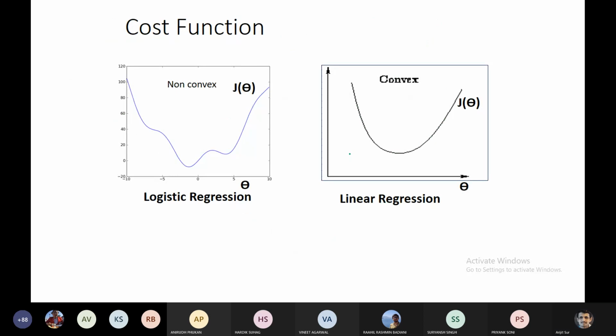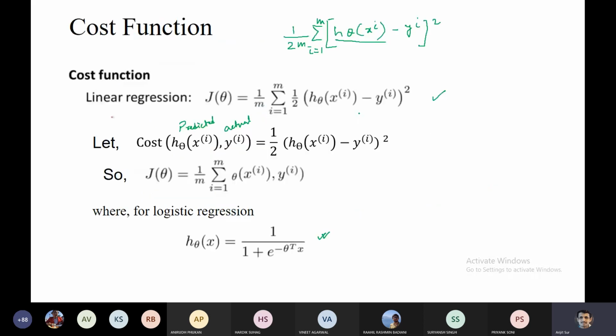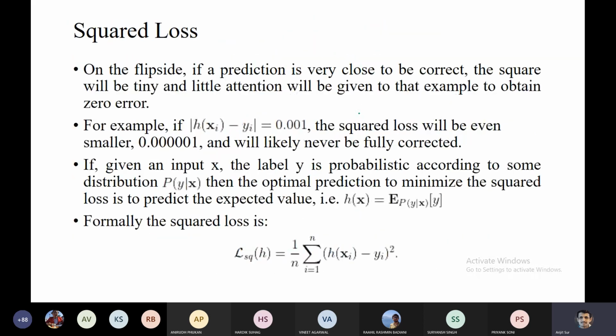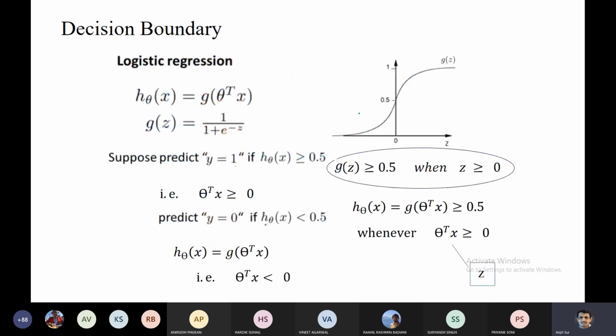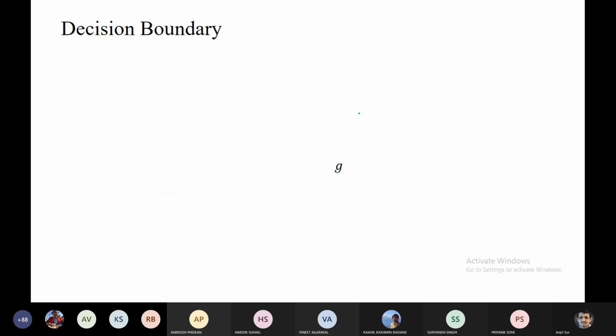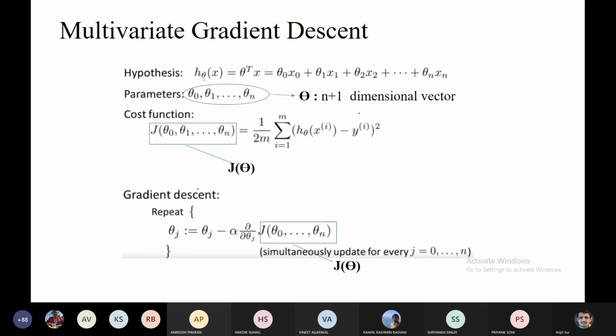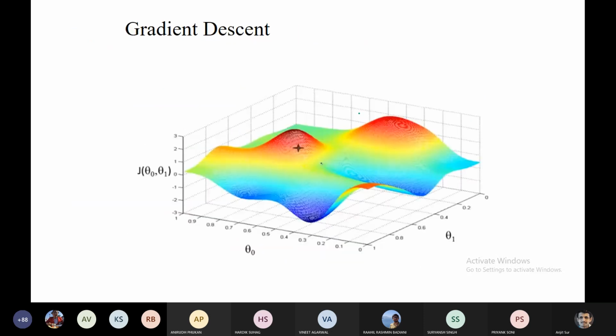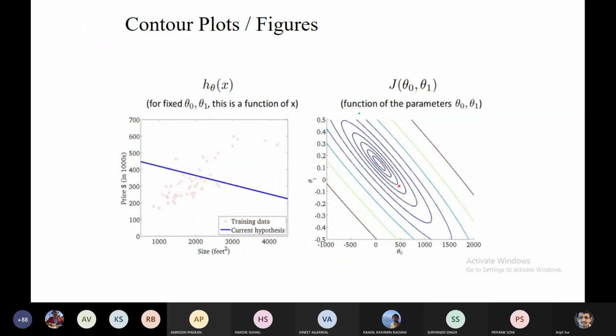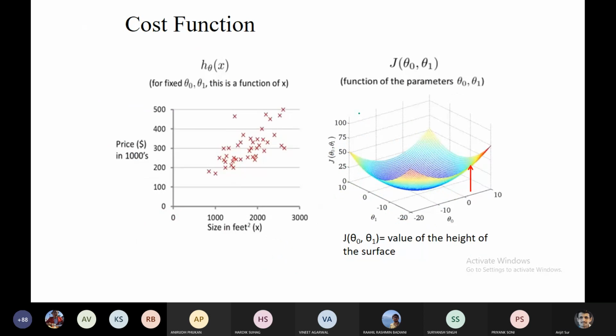Now see what happens. The problem is that you can recall this function again. Let me go back. For linear regression, the cost function is convex in nature.